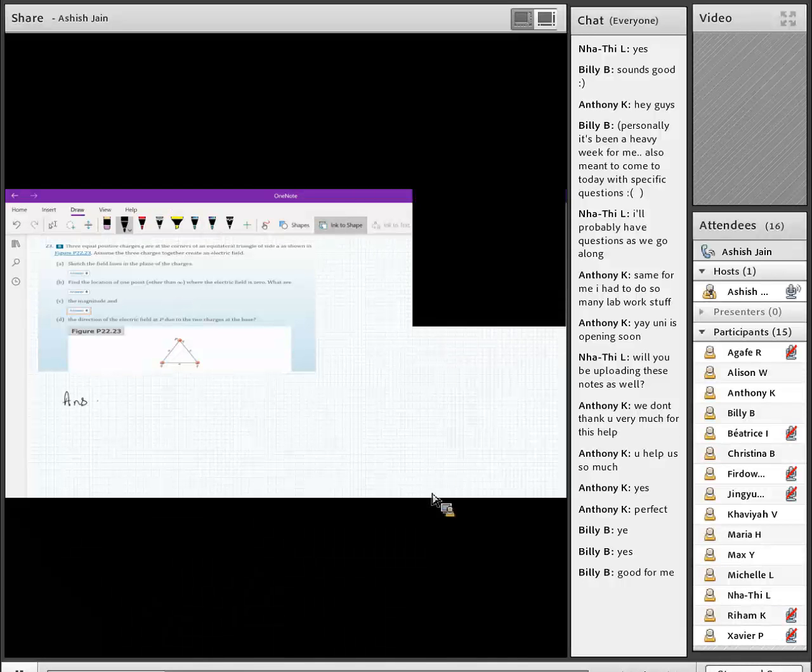So I'm going to sketch it for you. So you will have electric field lines like that.